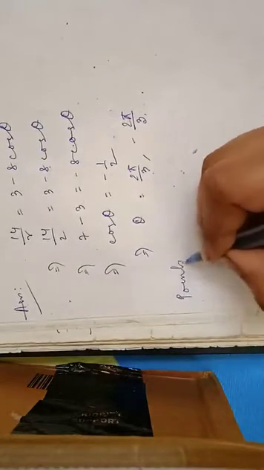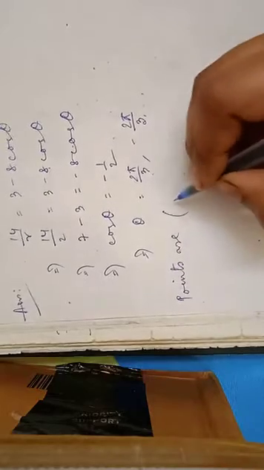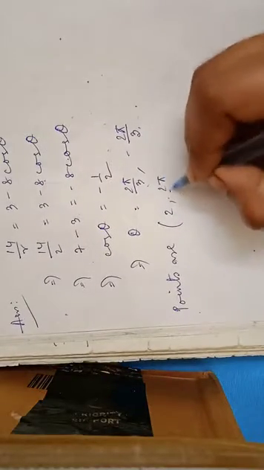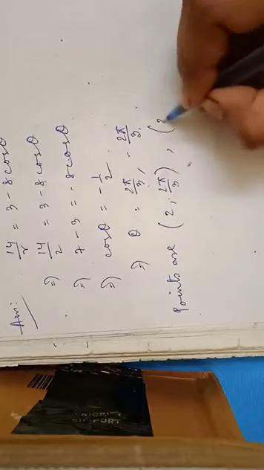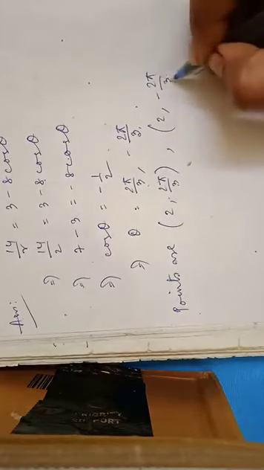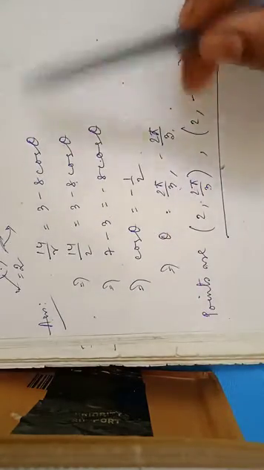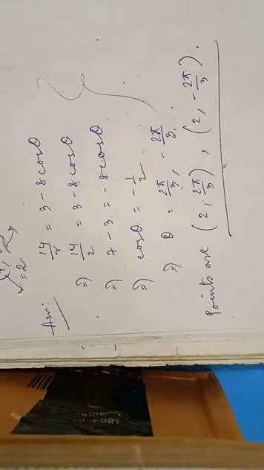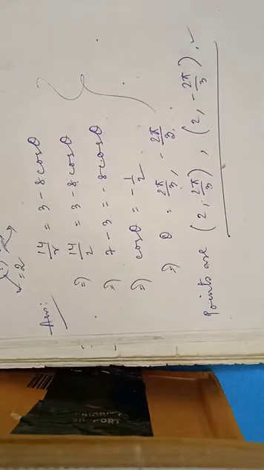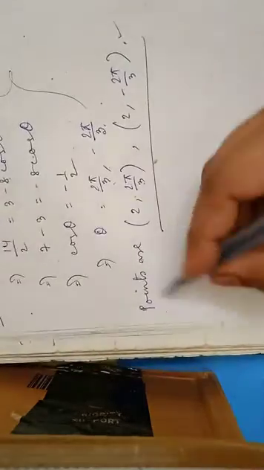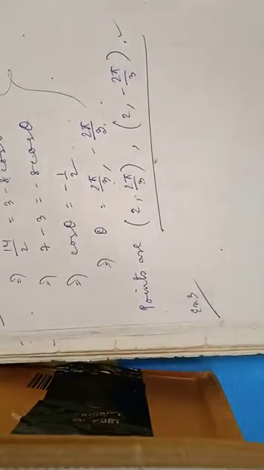Right? So these are the values. That means the points are (2, 2 pi by 3) or (2, minus 2 pi by 3). Okay, so this is how, if r is given, or if theta is given, we put one of the values in the equation and get the other coordinate, to find the polar form of that point.